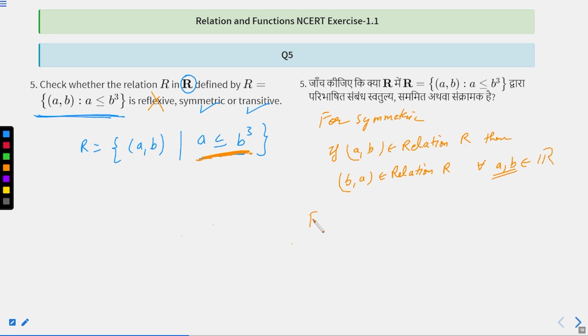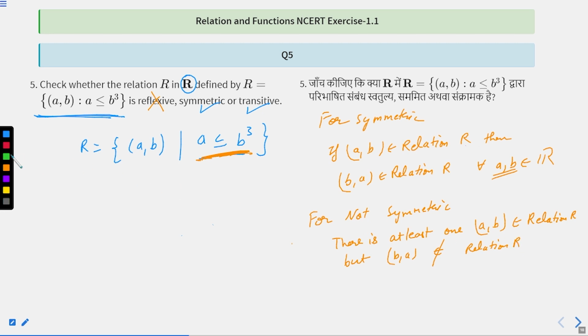And for not symmetric, what we need is that there is at least one pair (a, b) such that (a, b) belongs to the relation R, but (b, a) does not belong to relation R.